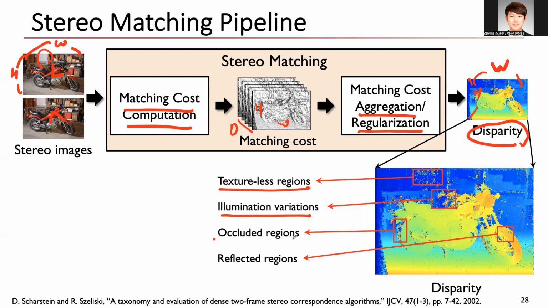Occluded pixels are another issue, and refractive regions are another challenge. Even though these challenges should be corrected, stereo matching is one of the simplest ways to recover 3D information.